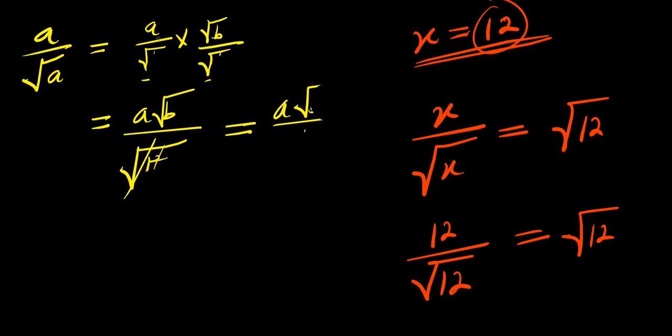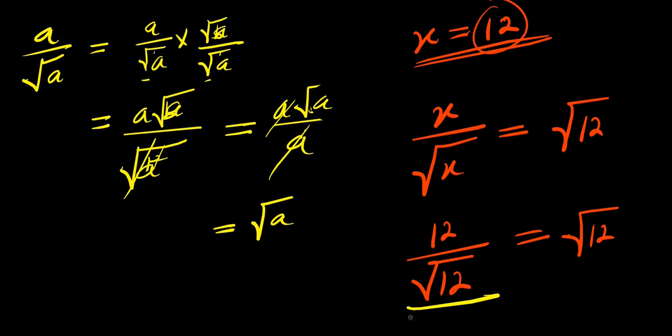That means you are going to have a divided by square root of a times square root of a divided by square root of a, right? So this will be a times square root of a, that means a root of a. Then root a times root a will give you root a squared. This cancels this. So you are going to have a root of a divided by a. And a cancels a. So you are going to have root of a. So that's exactly what we are going to do here.